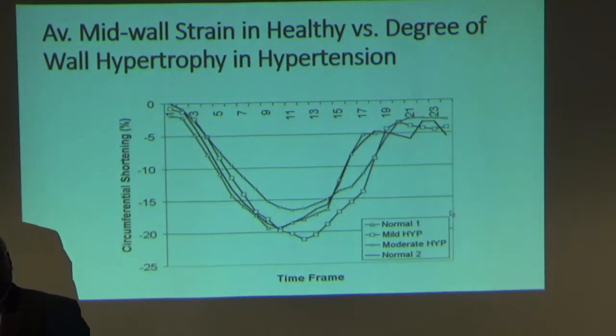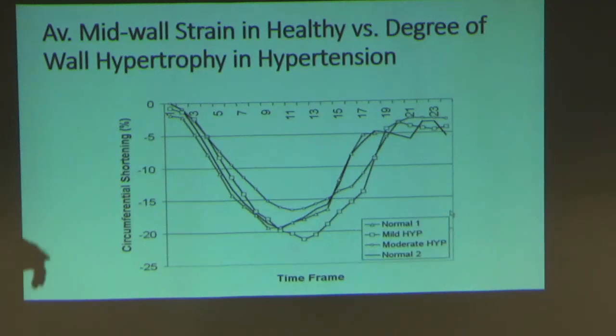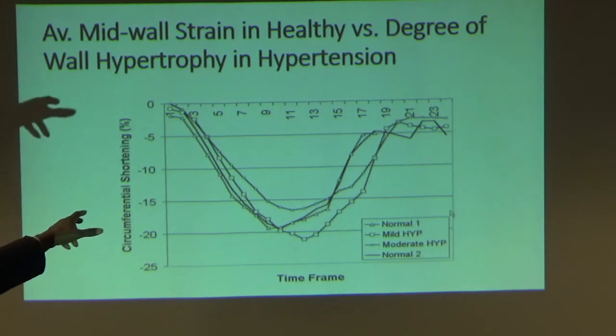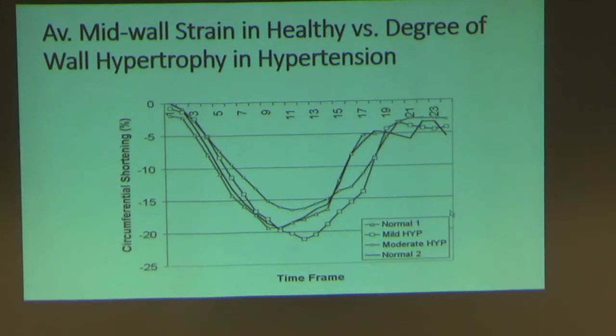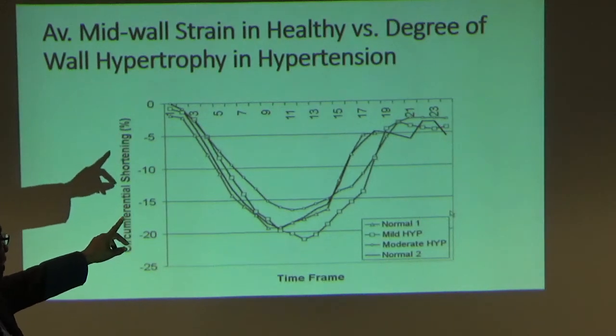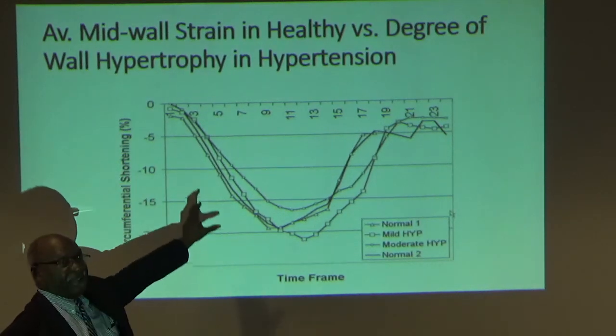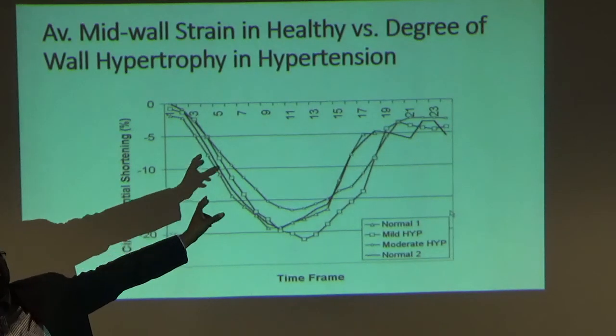So that using these techniques, we can quantify the circumferential strain and actually show that the slopes or the strain rates are decreased in the filling phase of the cardiac cycle in disease versus healthy. Strikingly, it is not uncommon, the emptying phase, the slopes are not very different.